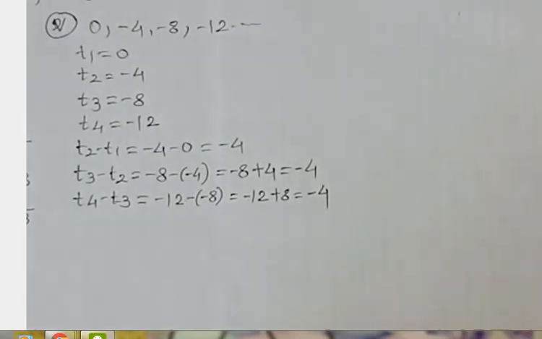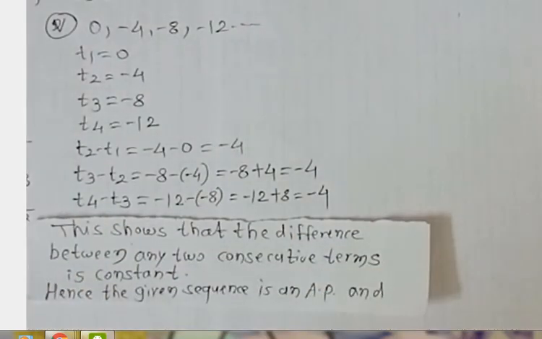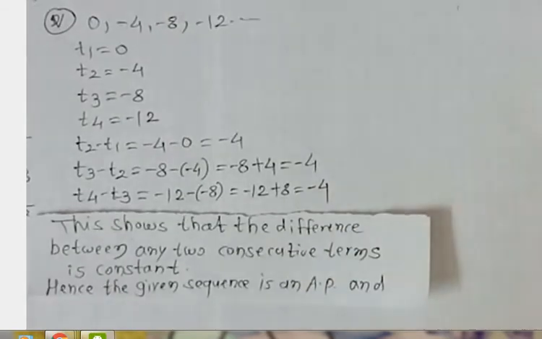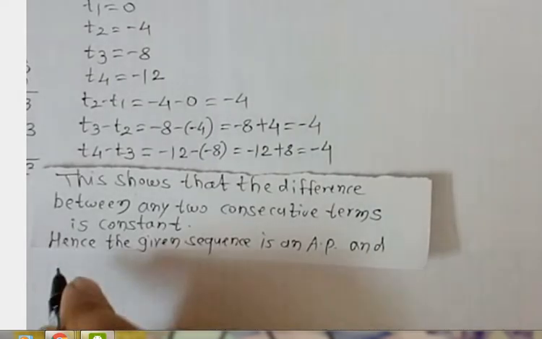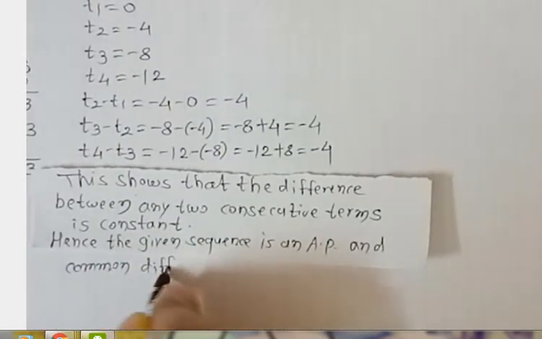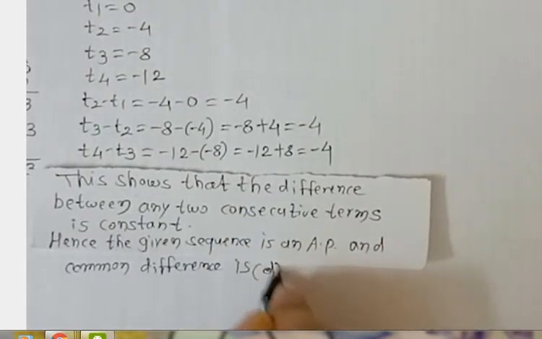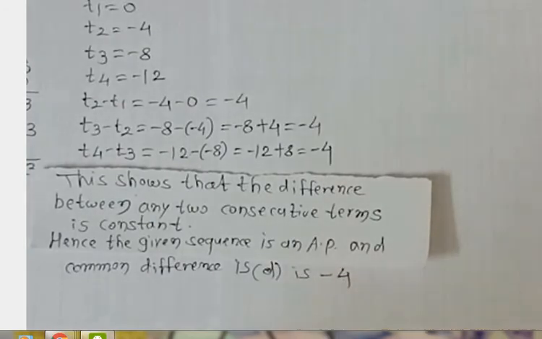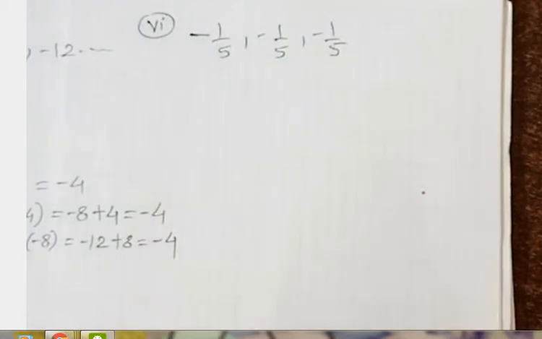Okay, and therefore I write here, this shows that the difference between any two consecutive terms is constant, hence the given sequence is an AP, and we have to write the common difference. Common difference D is minus 4.